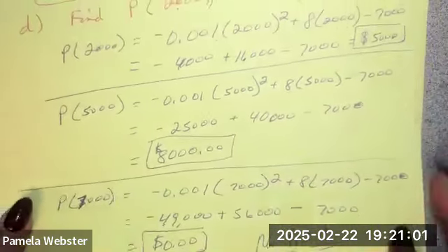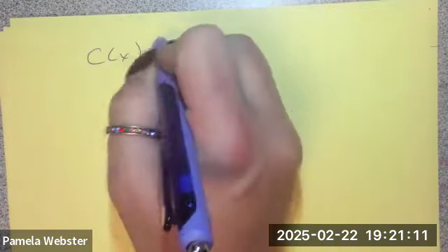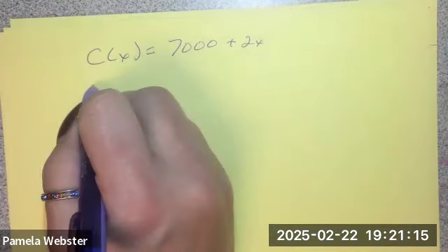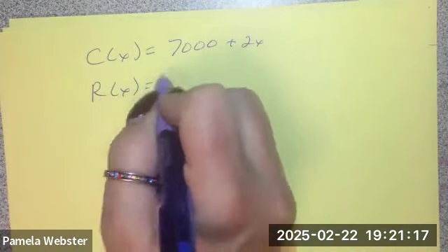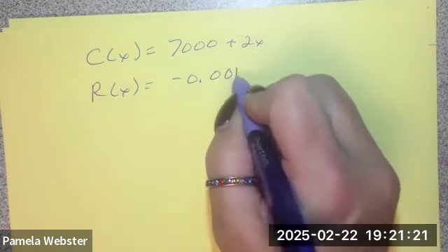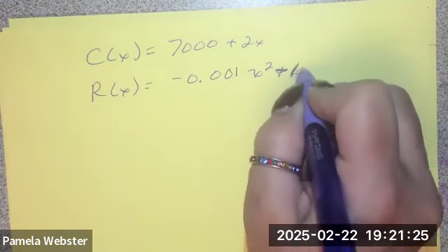No. The cost would be exorbitant. And that's what we want to make sure we know is going on. So let's look at these functions that we had. The cost function was 7,000 plus 2x. And the revenue function was negative 0.001 x squared plus 10x.